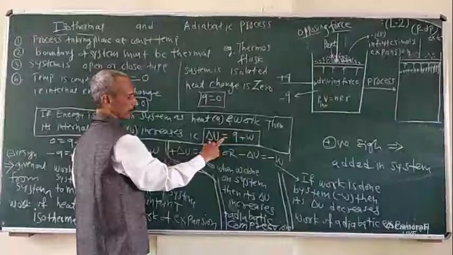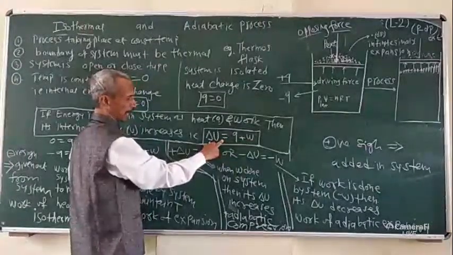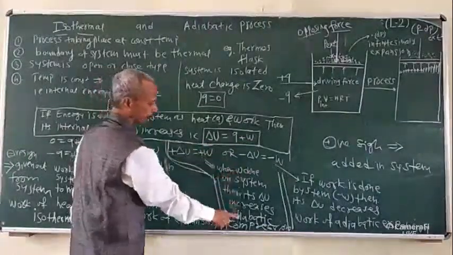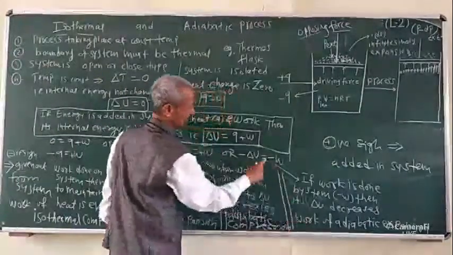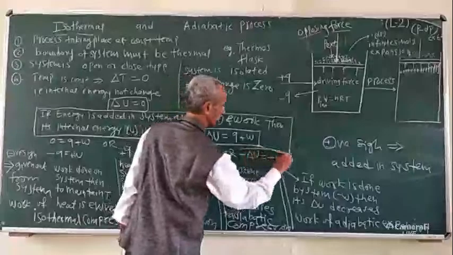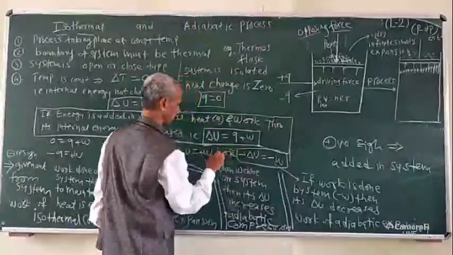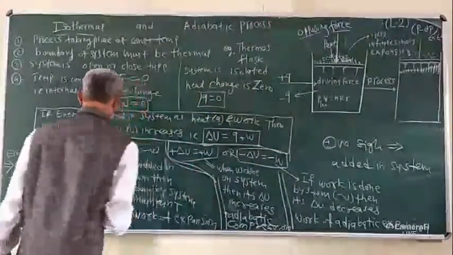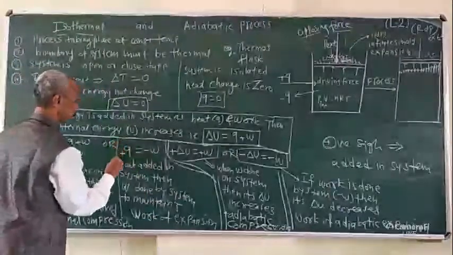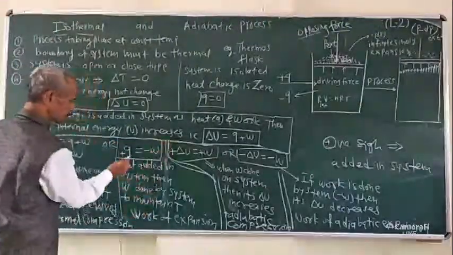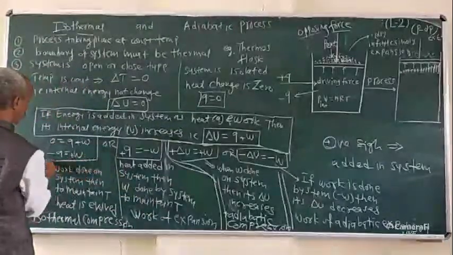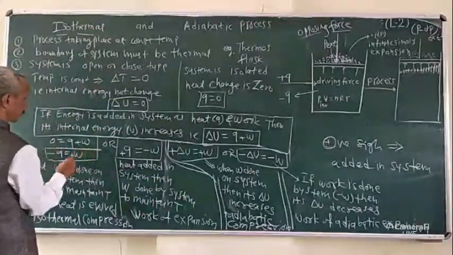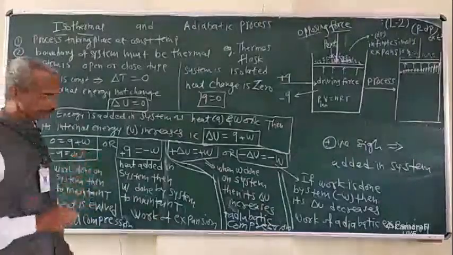On the basis of the first law of thermodynamics, one can find the adiabatic compression and adiabatic expansion. These are the two equations. Very important. And for the isothermal, these are the two equations. Here, this is the work of expansion, and this is the work of compression.